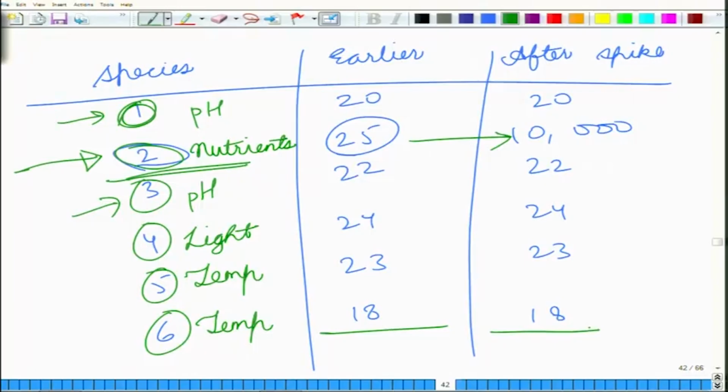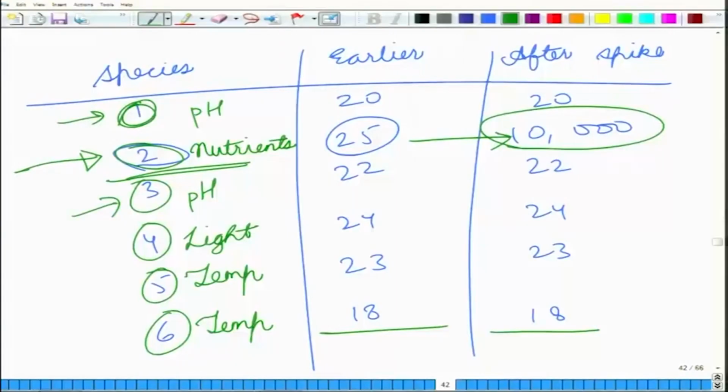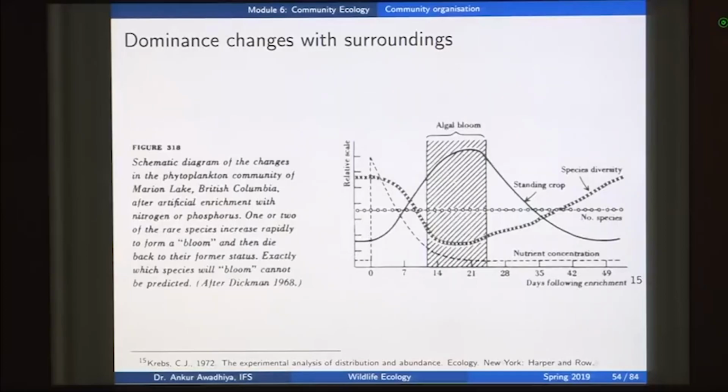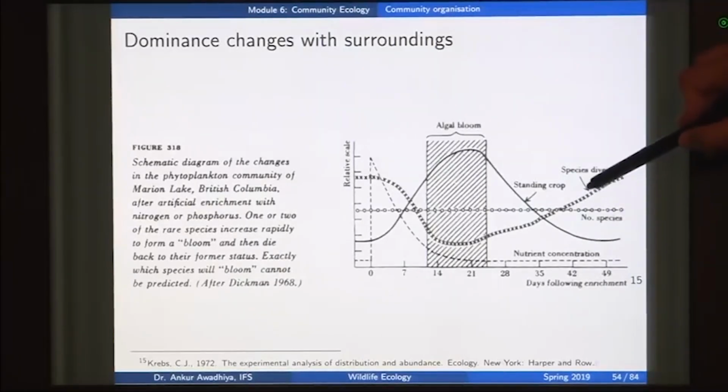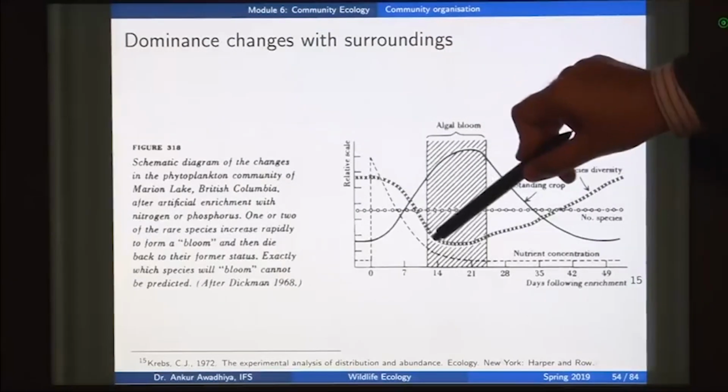After the spike, this species became so large that it looks more or less like a monoculture. If you take out any sample, you will only find individuals of this species, and others are overwhelmed by these numbers. So you have the same number of species, but the species diversity reduces.